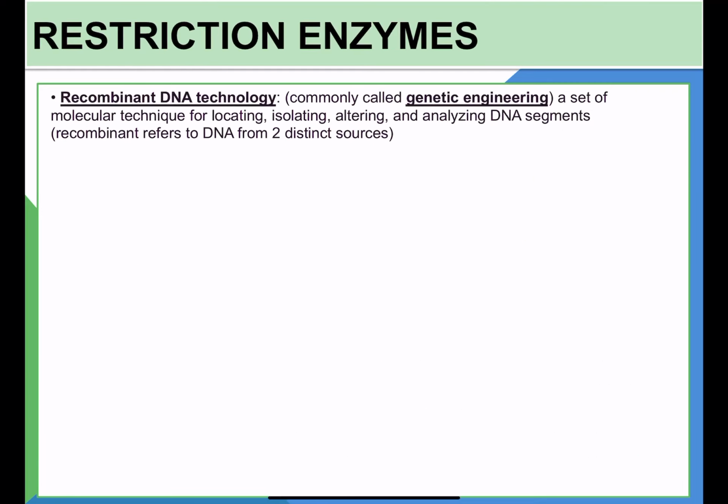All right. So whenever we hear the word genetic engineering, we are actually referring to a scientific technique that is used all the time in biological research. We call this recombinant DNA technology, which is a set of molecular techniques for locating, isolating, altering, and analyzing specific DNA segments within the genome.